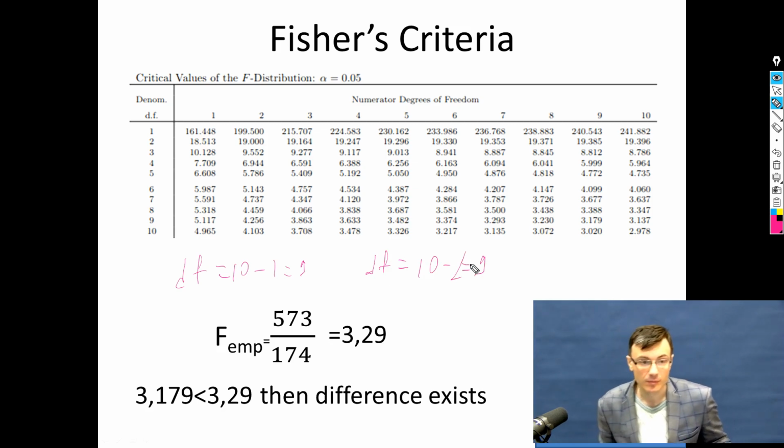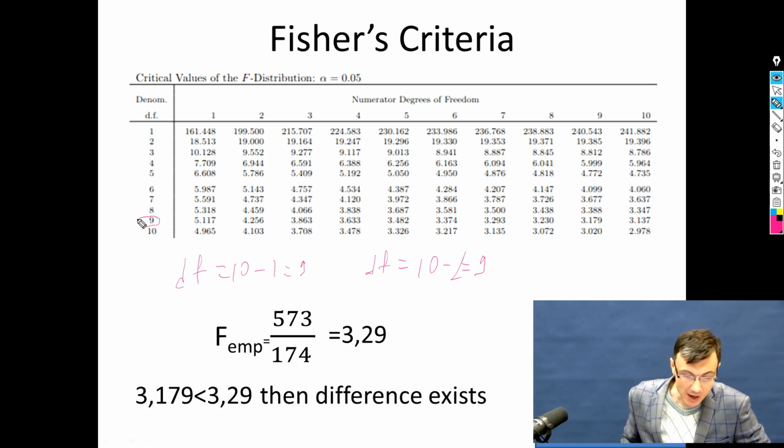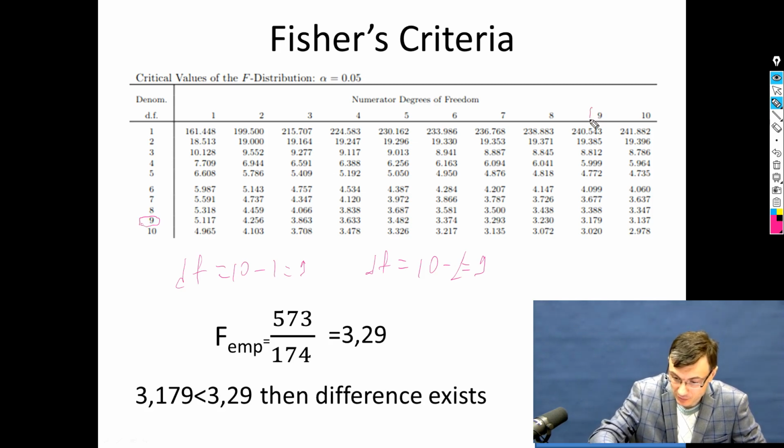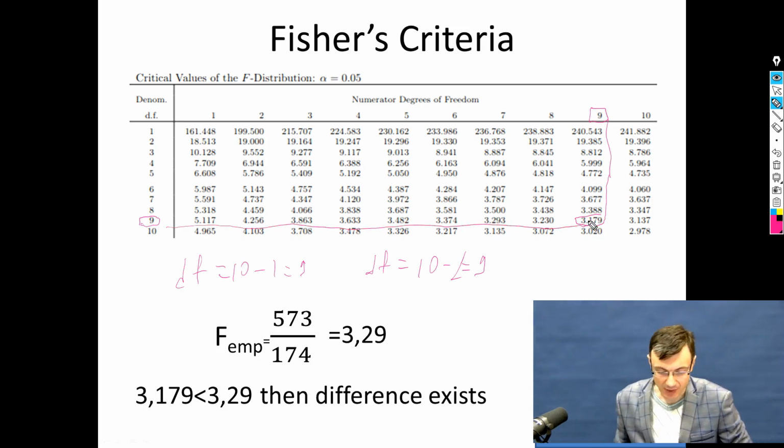On this table we have the denominator and numerator, and at the intersection of these we get this value and place it here.